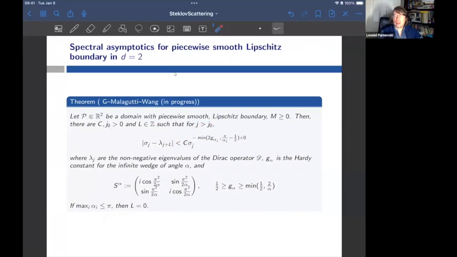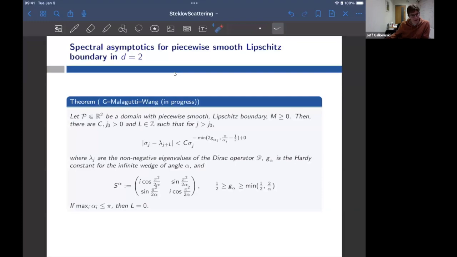Okay. I guess now that I see the slide, I have maybe another question. I know that a lot of the work on polygons was to show that somehow this L was 0. In this case, is there any sort of thing to say about it?